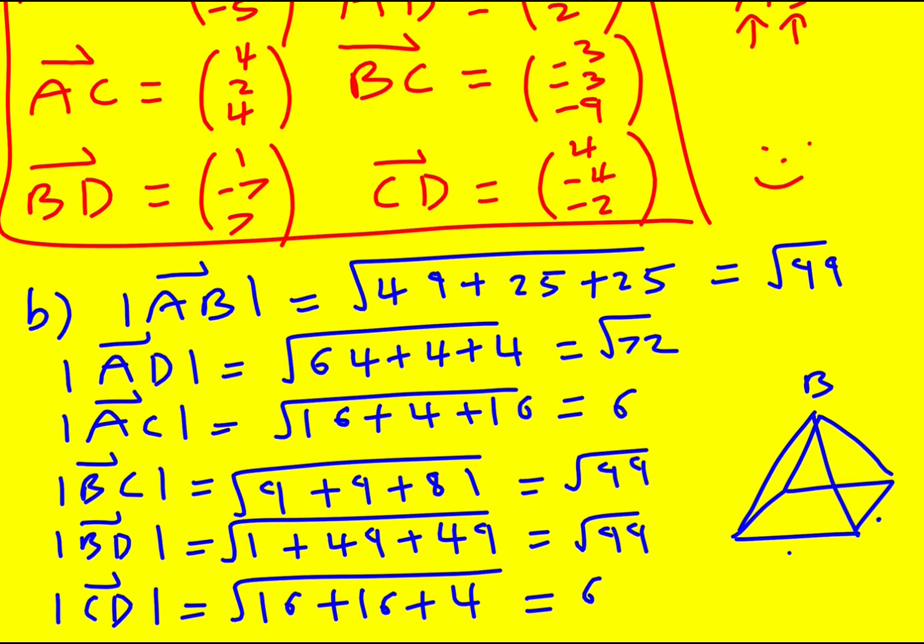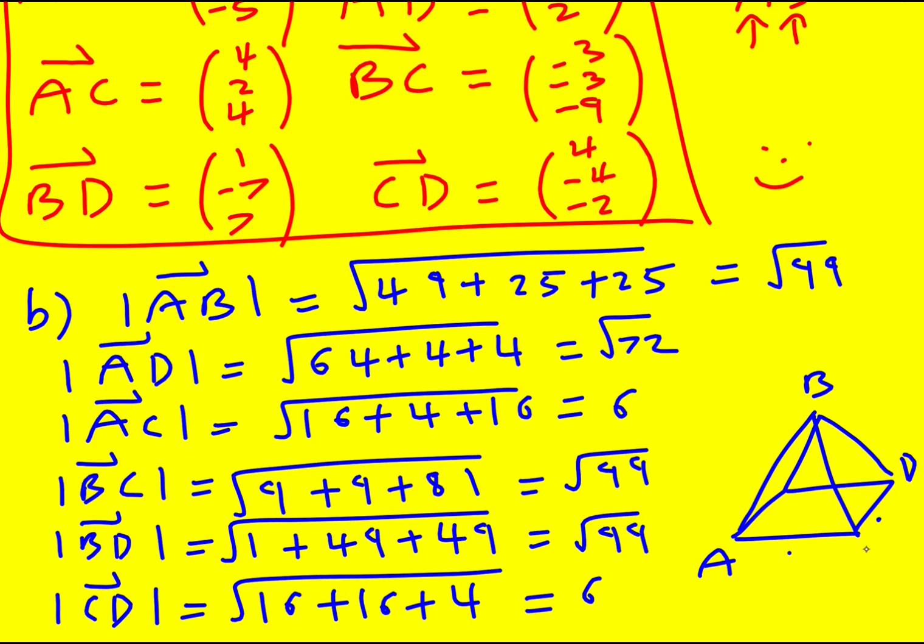So I've got this root 72 in there. That must mean that if A is here, then D is going to be diagonal, because root 72 is going to be bigger than 6. Then I can put in the others.